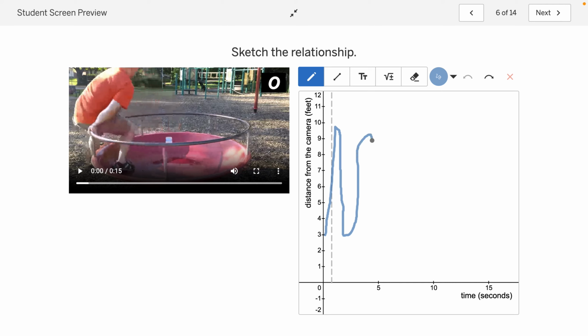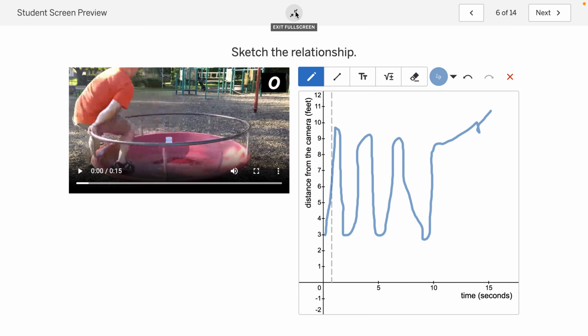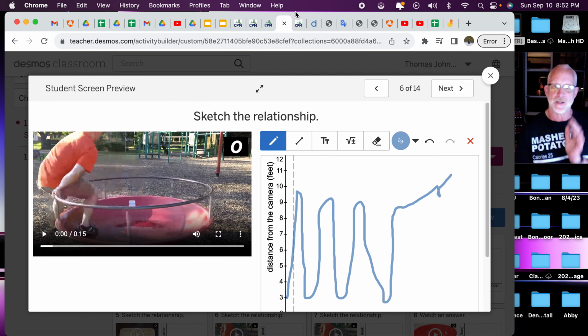And then 6, he's at 0. And then 8, it looks like 9 again. Looks a little better. 10, he's back to 0. And then 11, back to 9. And then 12, he stayed. And then 13, 14, 15, he started, whoops, walking away. All right, I'm going to stop while I'm ahead with that one.